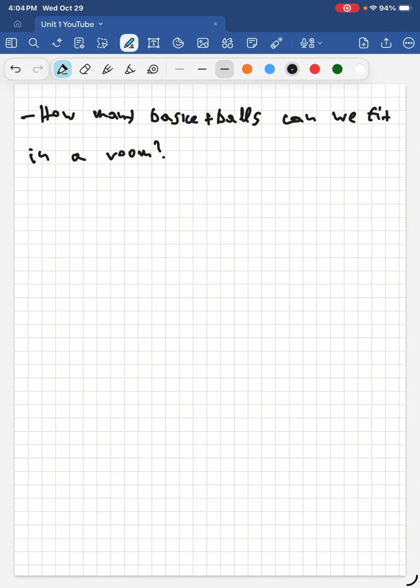Again, the volume of a room is about, I don't know, 5 times 3 times 4 meters. So the height is 3 meters, the length is 5, and the width is 4, something like that. So that's 60 cubic meters.